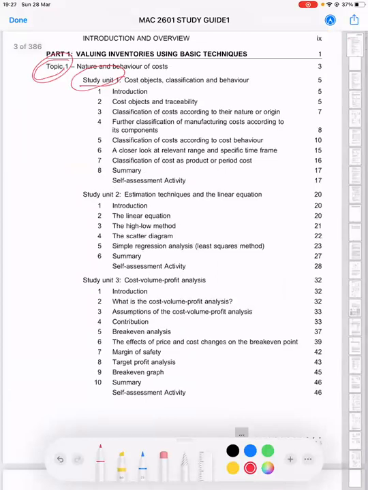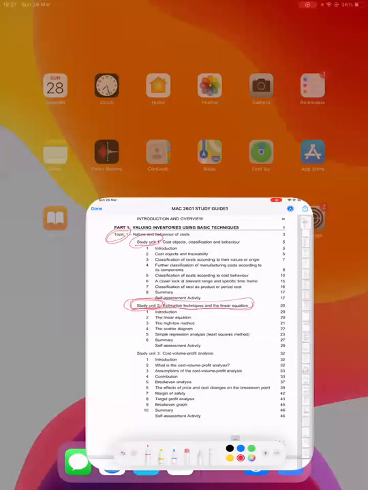Now we spread our wings to learning unit number 2, but in learning unit number 2, good people, we are not going to finish today. We are going to cover half of it or a quarter of it. It says: estimation techniques and the linear equation. Right, we are moving on to learning unit number 2.